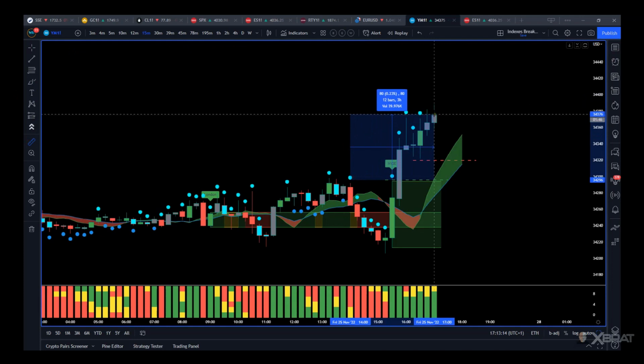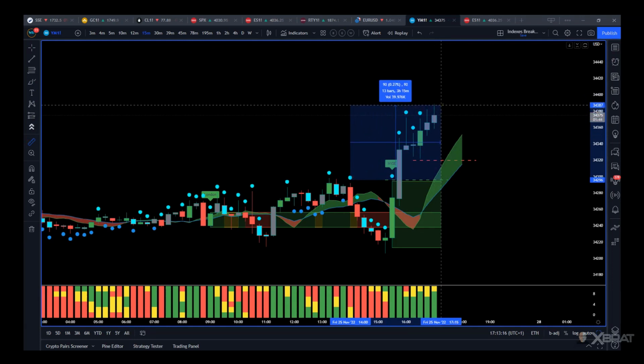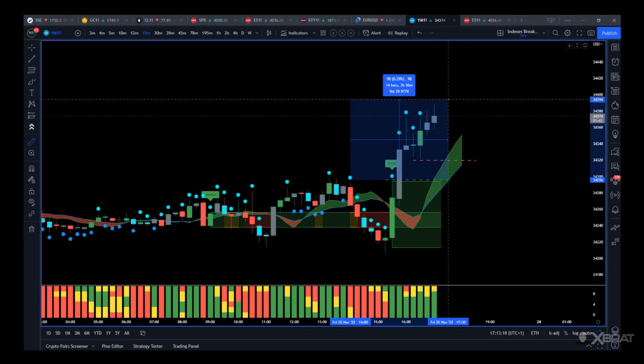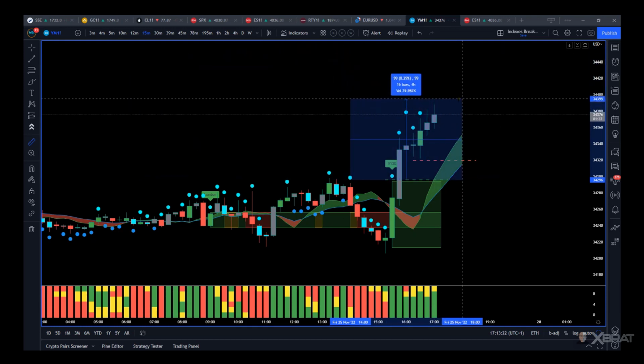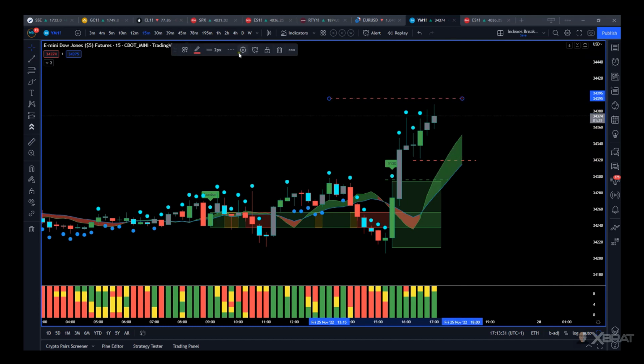So at 100 ticks, which is very close, I'm going to put that line on my chart. I'm going to put that white line on my chart and change it to white.